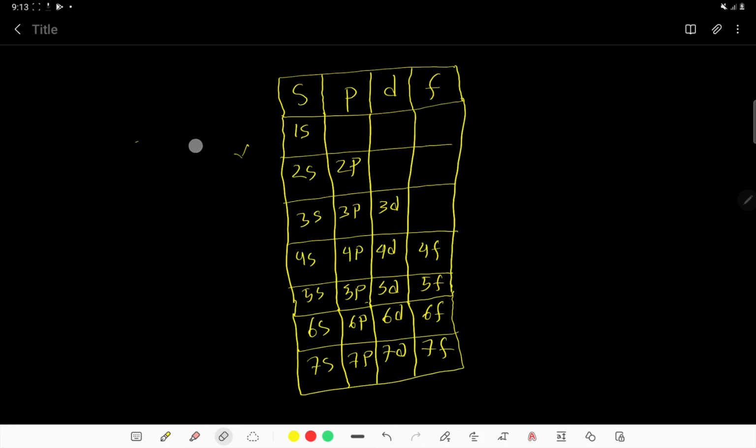Now to get the ground state electron configuration order, or electron configuration in order of energy, you have to draw a line like this. You have to draw a line at around a 45-degree angle.